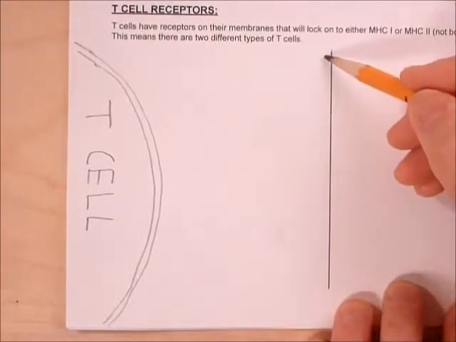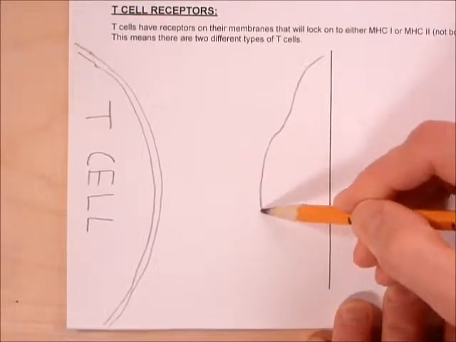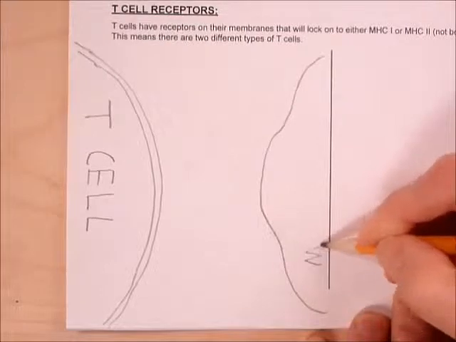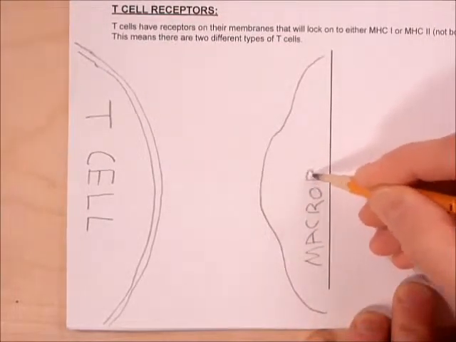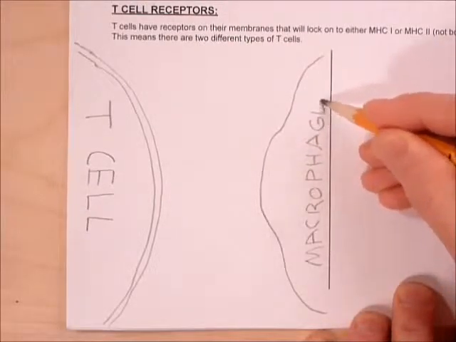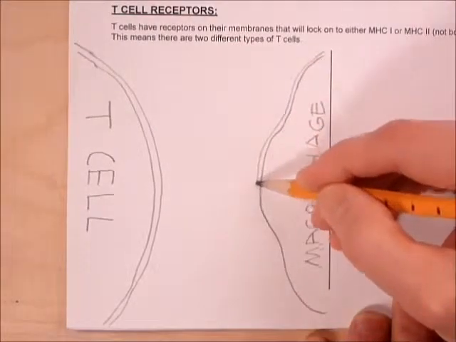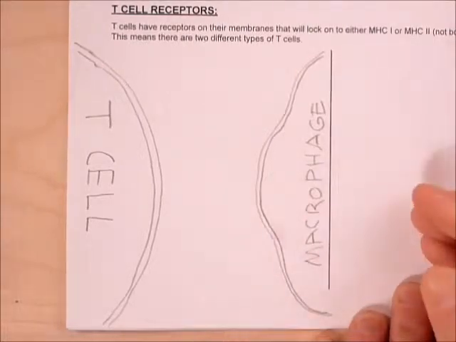And over here, we're going to see the macrophage sticking out. I'm trying to write sideways here. Macrophage. And I think I'll draw, this is the plasma membrane. So we can embed the receptors.